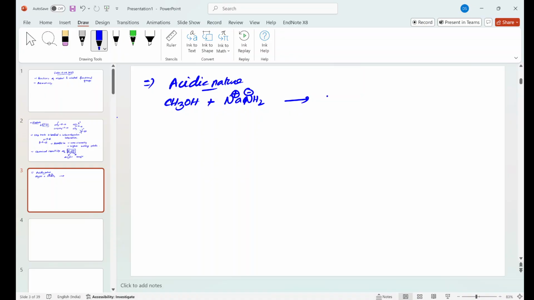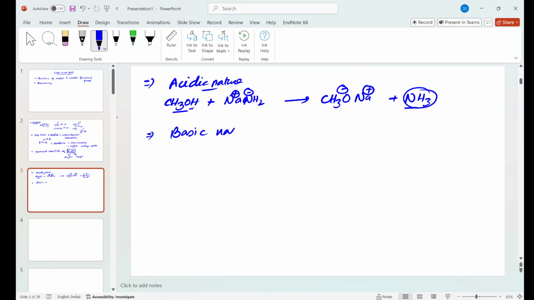I will get CH3O minus, and it will be stabilized by the sodium plus, and you will get NH3. So this is much more stable than your alcohol. Here in this case, alcohol is giving away this proton, so it is behaving like an acid.